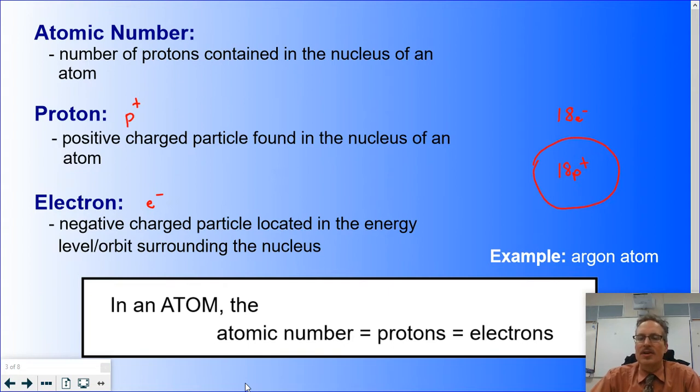For an atom, the number of protons is equal to the number of electrons. So for an argon atom, because argon is element number 18, or the atomic number is 18, it will have 18 protons in the nucleus. It will have 18 electrons flowing around the nucleus in orbits or shells or energy levels.